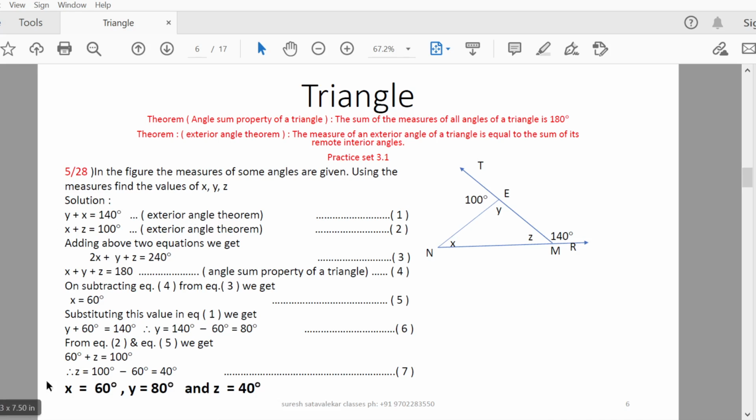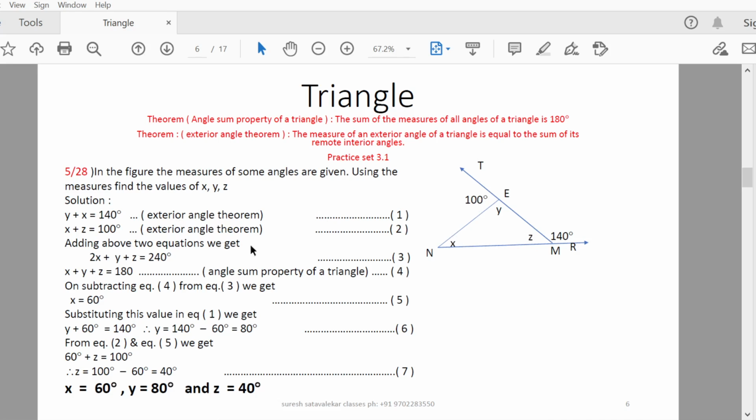So 140 is the exterior angle, the angle making a linear pair, and the other two are the remote interior angles. So y plus x is equal to 140. This is the exterior angle theorem, and x plus z is 100. This 100 is the exterior angle, and x and z are the remote interior angles. So x plus z is equal to 100.